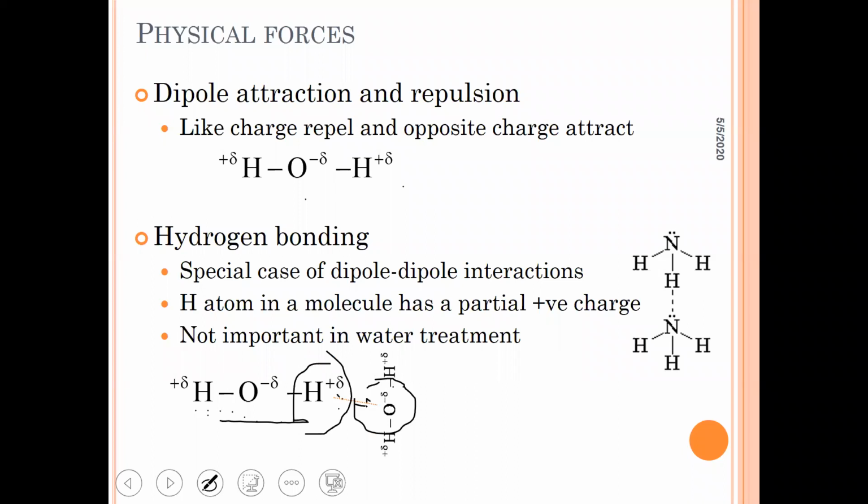Also, in ammonia and ammonia, because nitrogen has more power to attract electrons, the electrons circulate more around nitrogen, so it has a slightly negative charge compared to hydrogen, and therefore they can make hydrogen bonding.